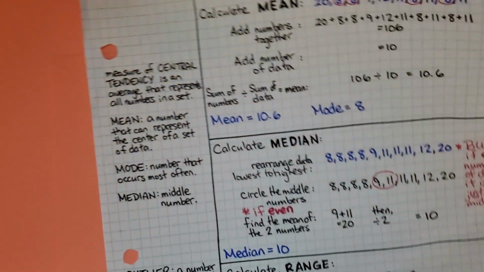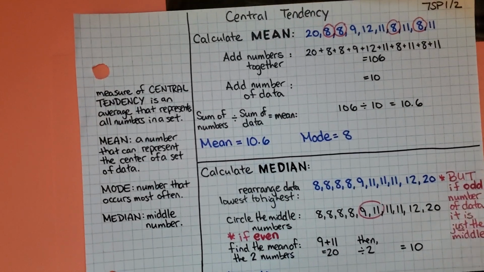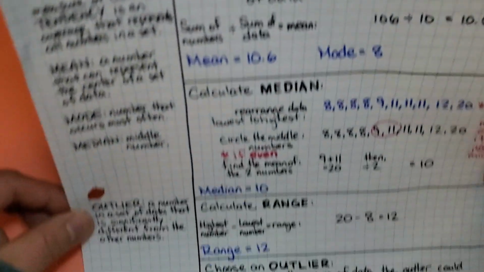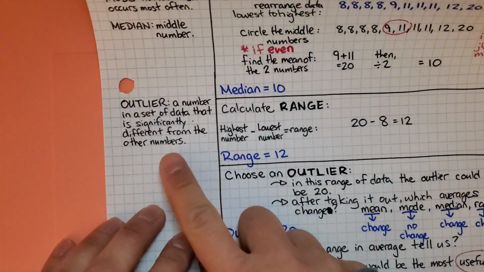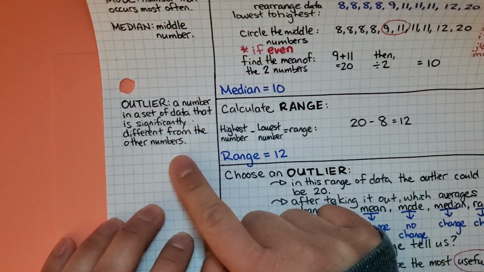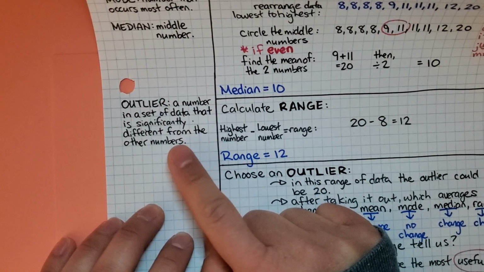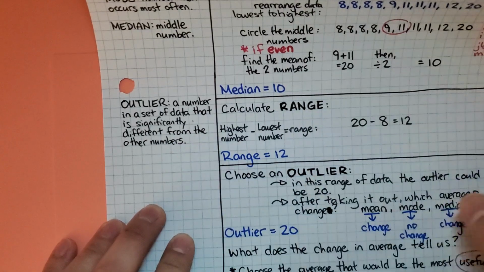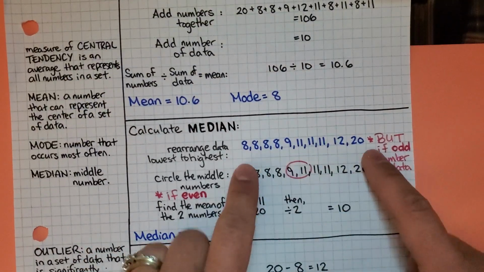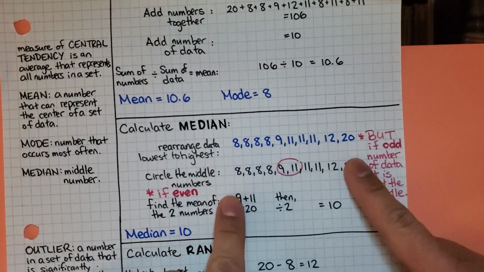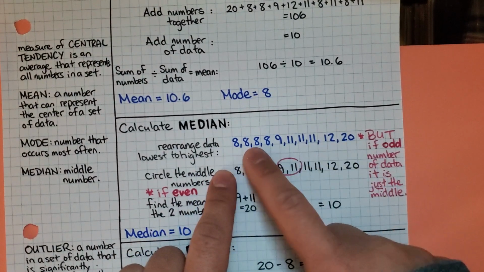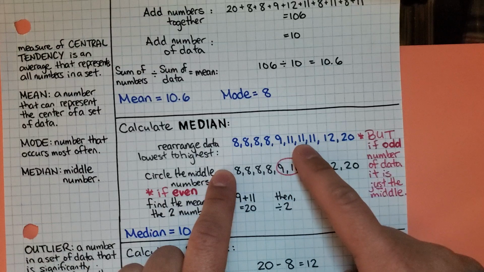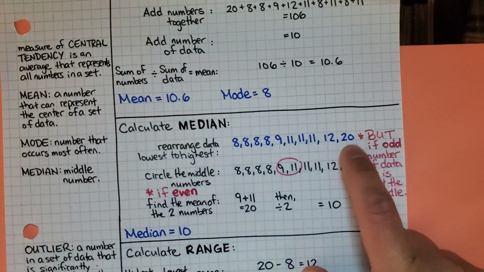Now let's look back in the central tendency notes and what we said an outlier was. We said an outlier is a number in a set of data that is significantly different from the other numbers. And then when we looked at the data we were using, we have the 8, 8, 8, 8, 9, 11s, 12, and we have this 20 way over here.